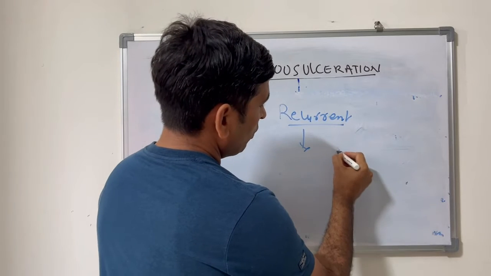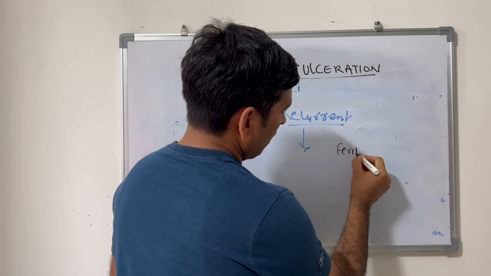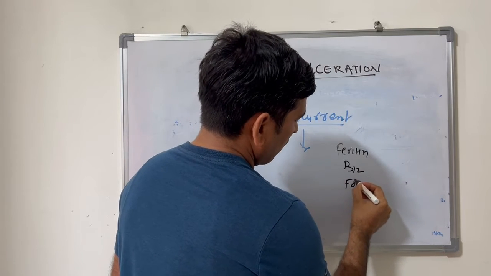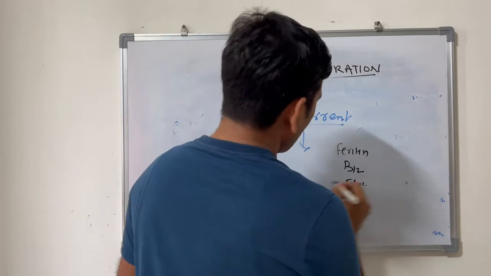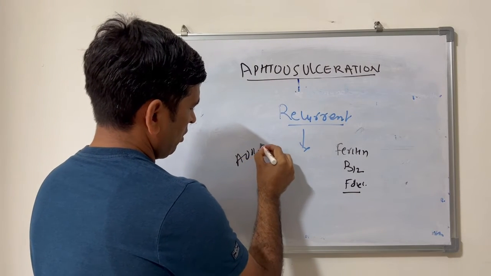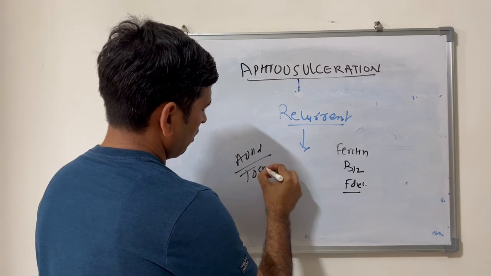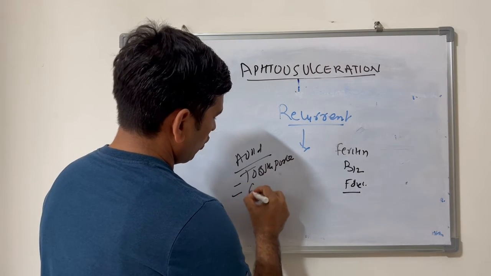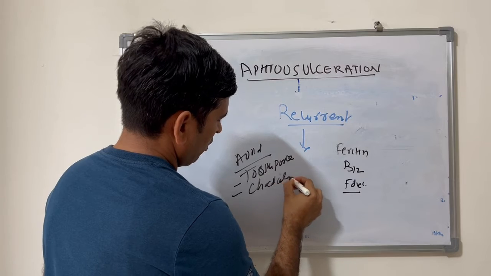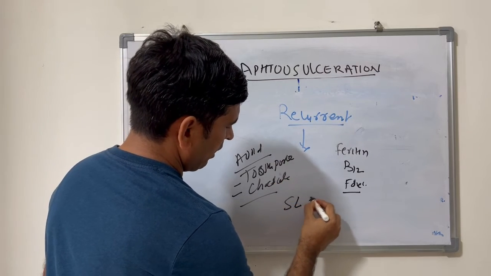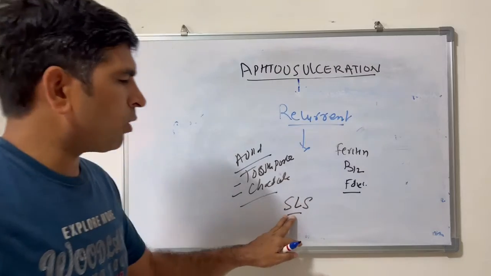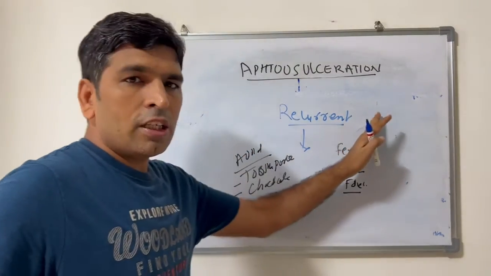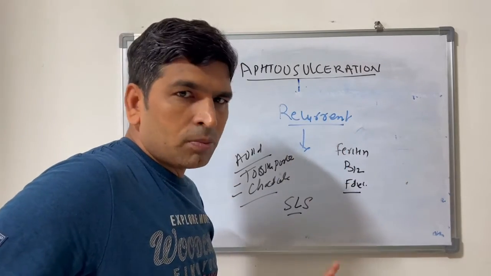Correct the ferritin level, correct the B12 deficiency, correct the folic acid deficiency, and avoid substances like toothpaste and chocolates which contain SLS. This sodium lauryl sulfate induces the formation of recurrent ulceration in genetically susceptible patients.